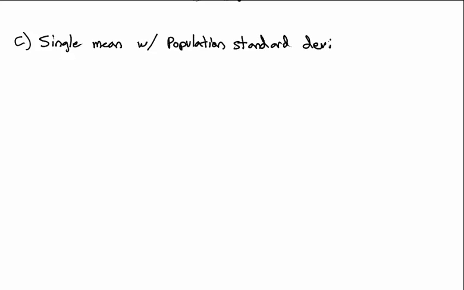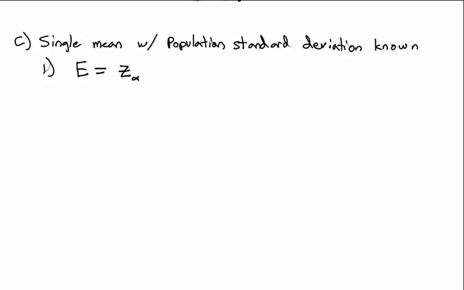First, we're going to look at estimating a single mean with the population standard deviation known. If I know what the standard deviation is of the population, but I don't know what the mean is, this is how we're going to calculate the error.